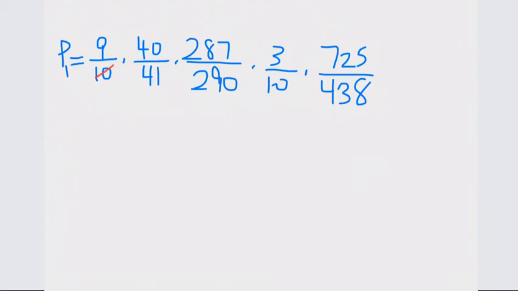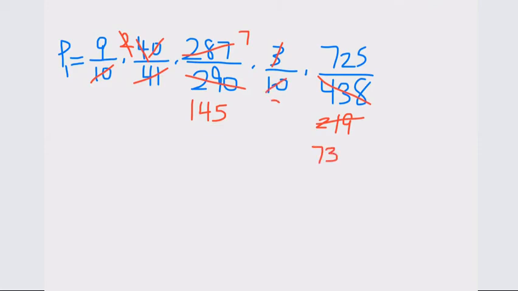10 cancels out. This 4, 2, and then if we take out a 2 from here, this is going to be 145, and we can take out a 2 again here, which is 219. 41, 287, this is 7. This can be canceled out, so this would be 73. 5 can be taken out, so 5 is 145. Oh, perfect. This cancels out.